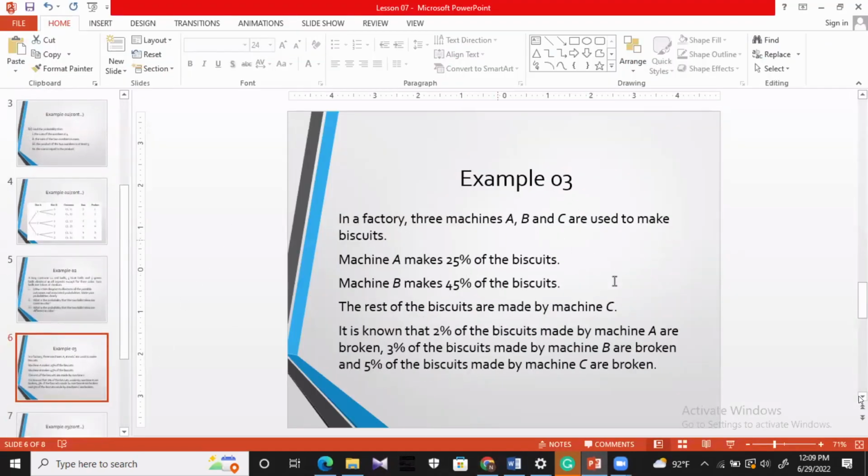Anyway, we have another example to discuss with you in the slide presentation. We will discuss this example tomorrow, and let's start conditional probability from this example number 3. Ask your friends to come for the next lecture, because I believe conditional probability is the most important and difficult part in probability.